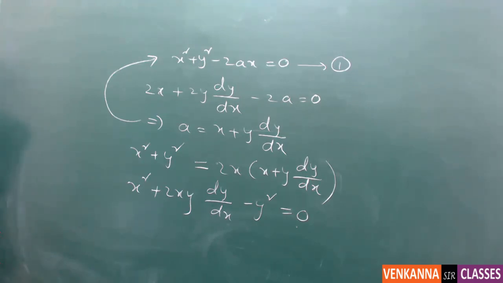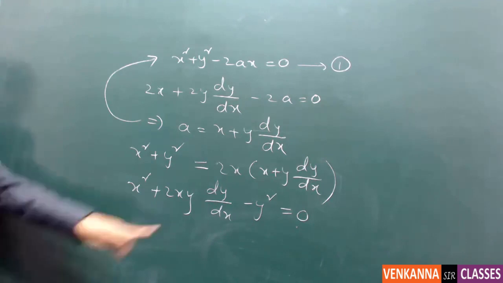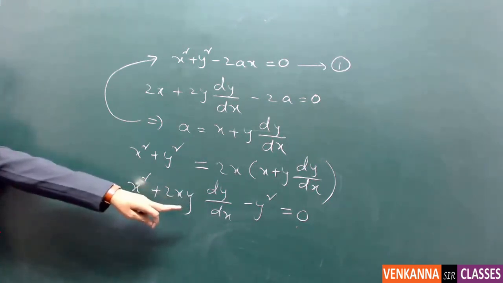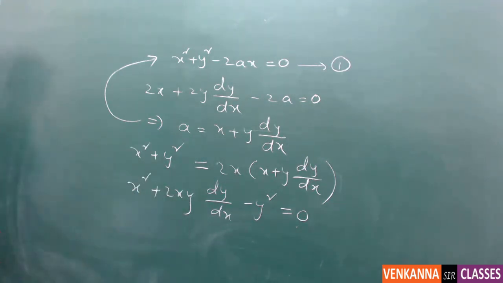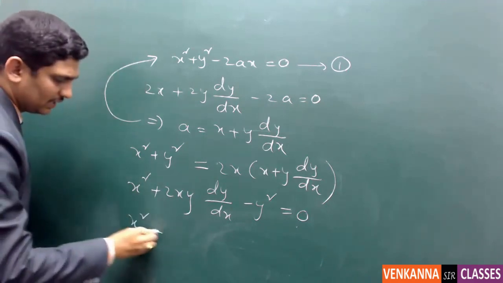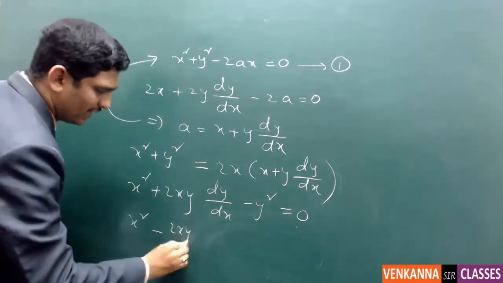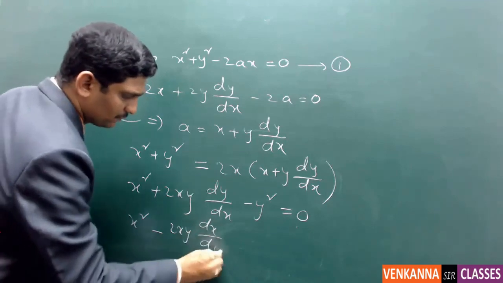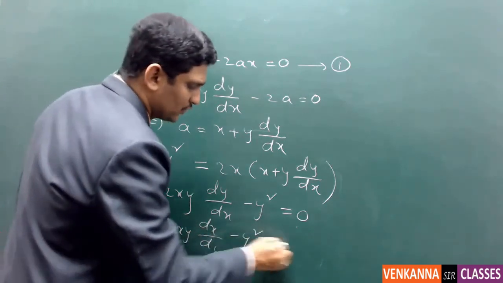Please check and tell, because the majority of you have done this kind of problem earlier. Since the parameter a is eliminated here, let us replace the differential dy by dx with minus dx by dy. x square minus 2xy into dx by dy minus y square is equal to 0.